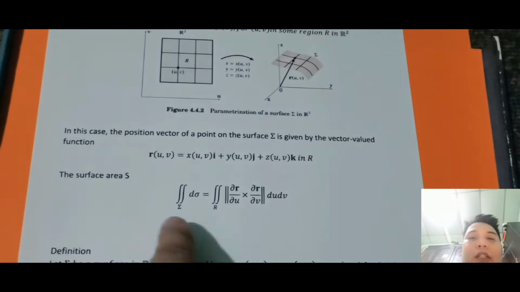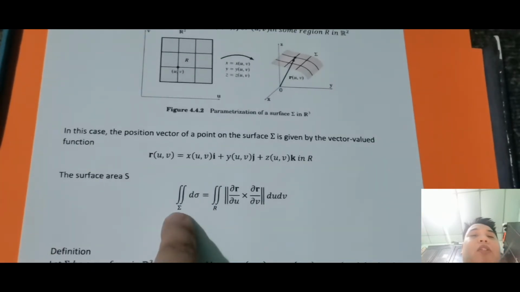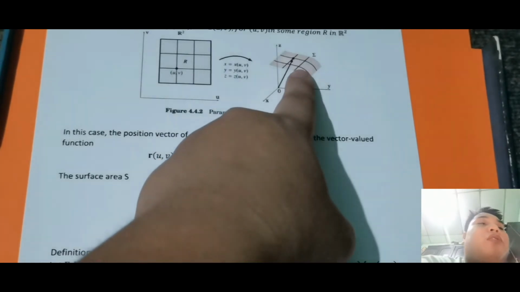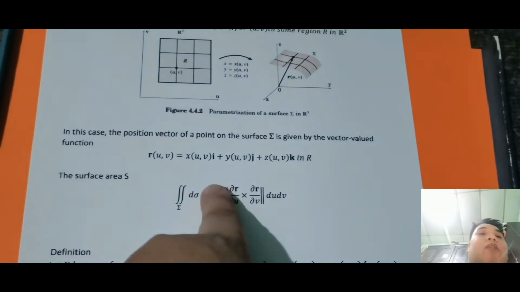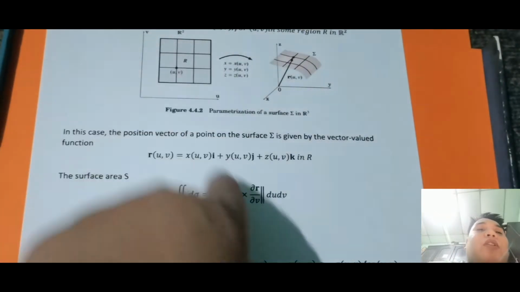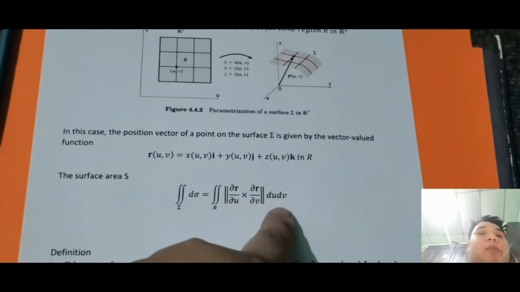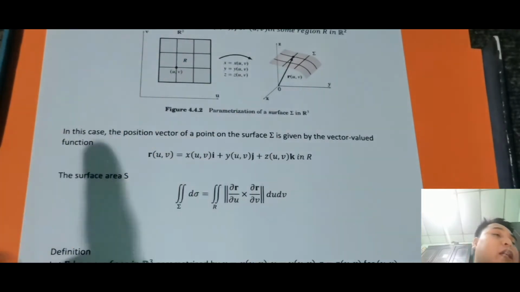Para ma-solve mo ito, ang gagawin mo lang is the double integral along the region R. Gusto mo siyang i-integrate using yung surface na ito, gamitin mo ang parameterization na yun, which is the double integral over that region. Dahil over that region, meron tayong du and db. Bakit du and db? Kasi u and b tayo dyan.